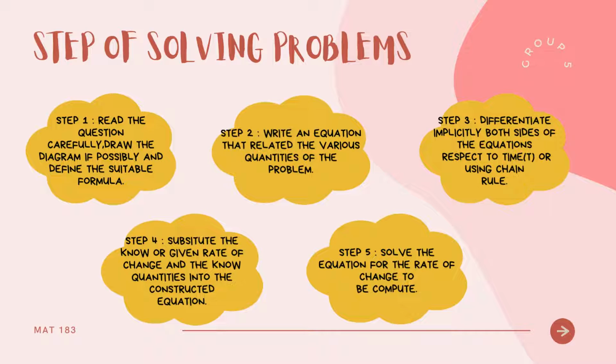Differentiate implicitly both sides of the equation with respect to time, or use the chain rule. Step 4. Substitute the known or given rates of change and the known quantities into the constructed equation. Step 5, or the final step. Solve the equation for the rate of change to be computed.